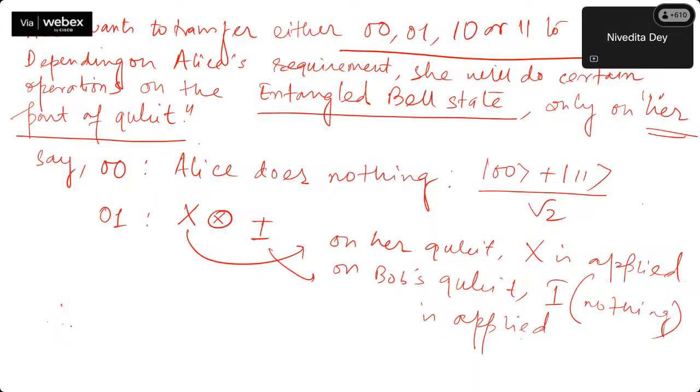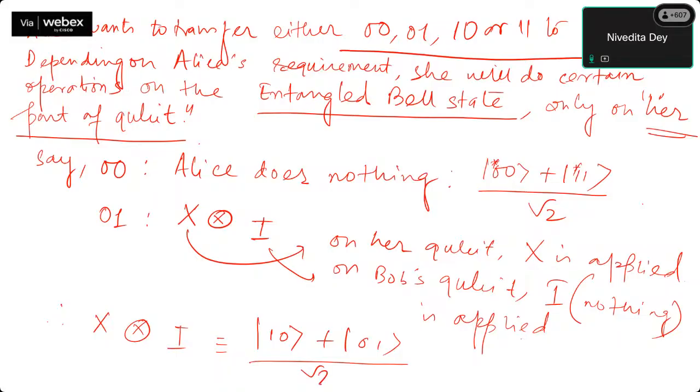So therefore, this will look like this. Initially it's 00 and 11. So I only have to apply X on Alice's part of the qubit. That means these two are Alice's part of the qubit. So it will be (10 plus 01) by root 2. Okay.